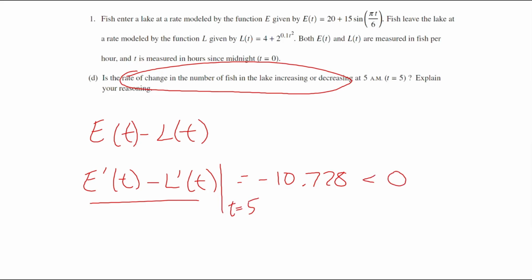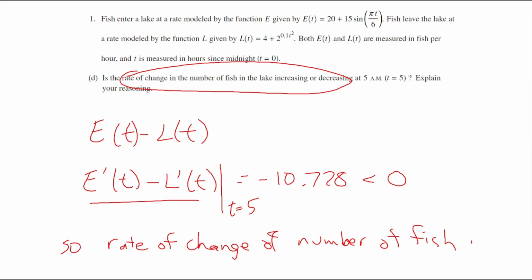We could say that's negative, and so we'll say the rate of change of the number of fish in the lake is decreasing because that number is negative, at t equals 5.